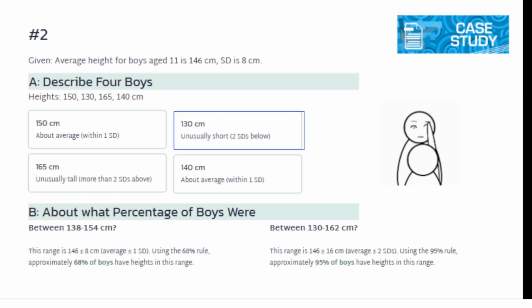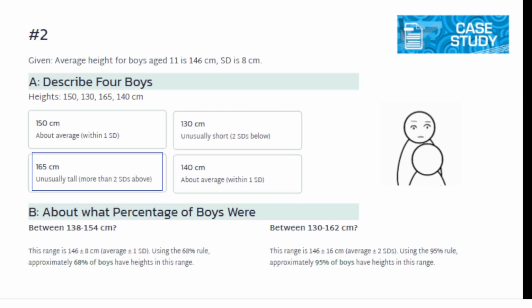How about 167? It is 19 centimeter above the average, and 19 centimeter is more than 2 standard deviations away, and more than 2 standard deviation away is unusually tall. It falls under the category of very rarely tall people.